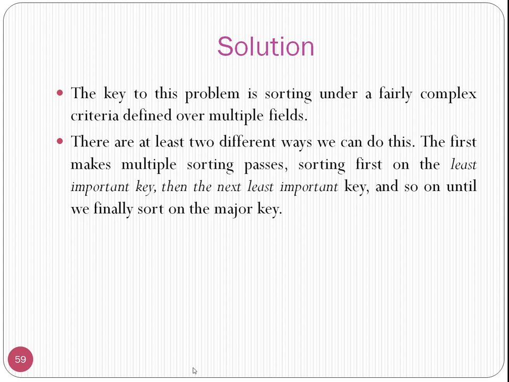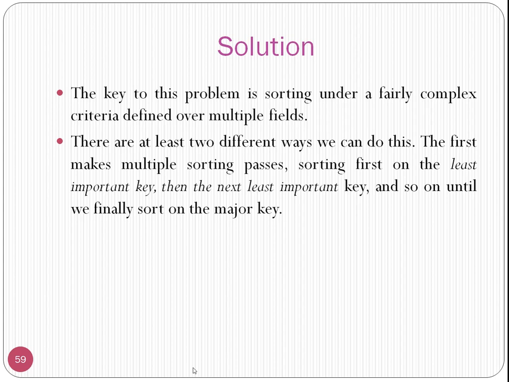The first makes multiple sorting passes, sorting first on the least important key, then the next least important key, and so on until we finally sort on the major key.